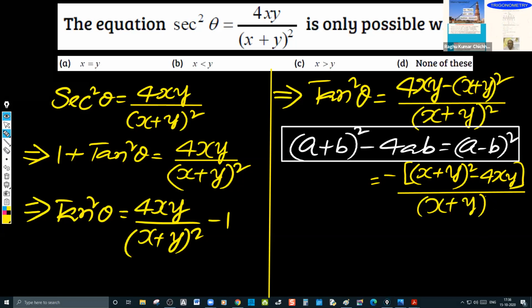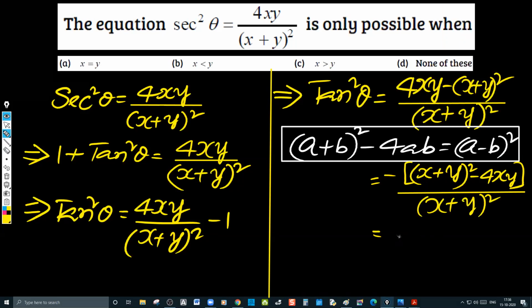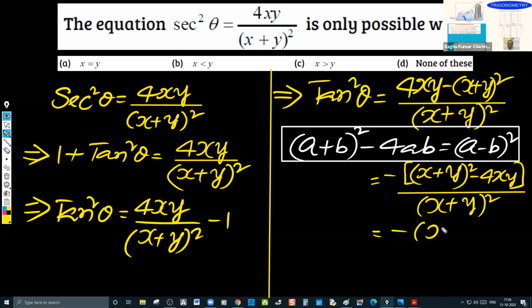Come on, tell me, how does the numerator become now? Minus of x minus y whole square. That's good. All divided by x plus y whole square.